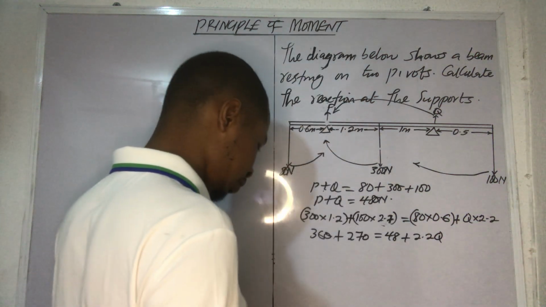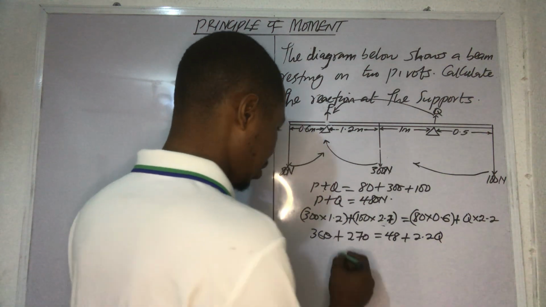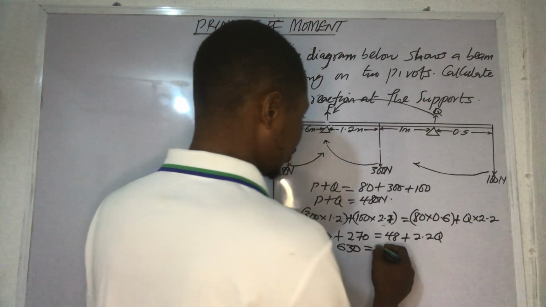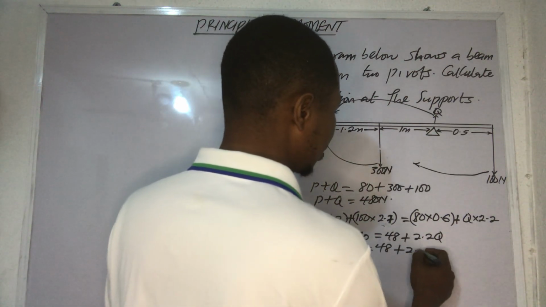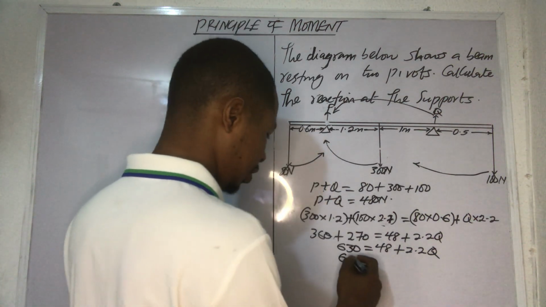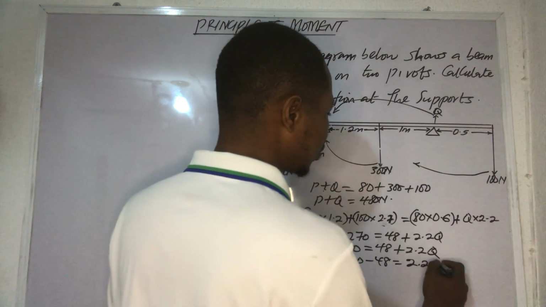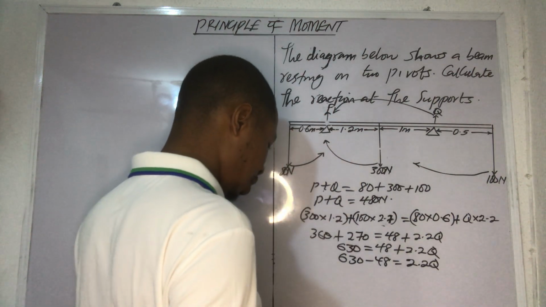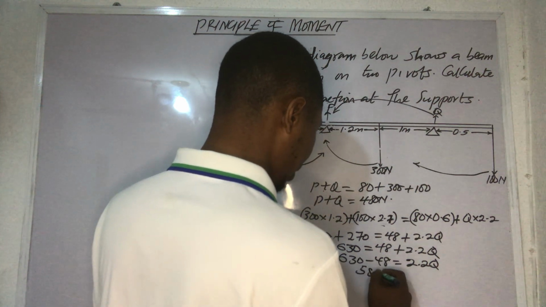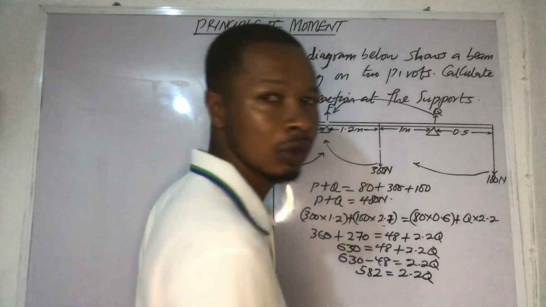So if you have 360 plus 270, that will give me 630, equal to 48 plus 2.2P. Collect like terms now. You have 630 minus 48 is equal to 2.2P. So 630 minus 48 will give me 582 equal to 2.2P.